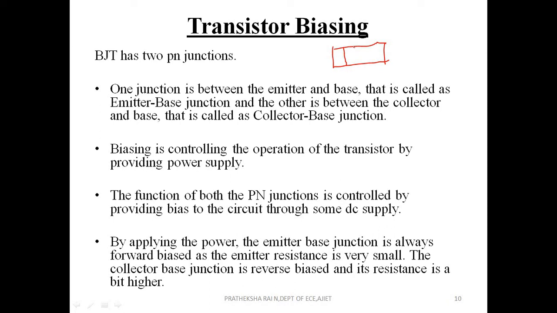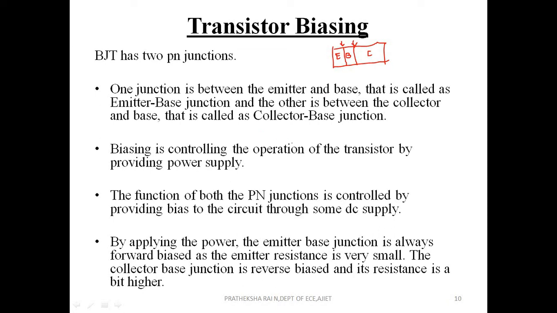Then the collector. So this is emitter, this is base, and this is the collector. What are the two junctions here? You can see one junction here, right? And one more junction at this point. So one junction is between emitter and base, and one more junction is between collector and base.